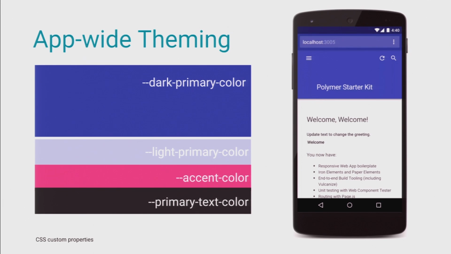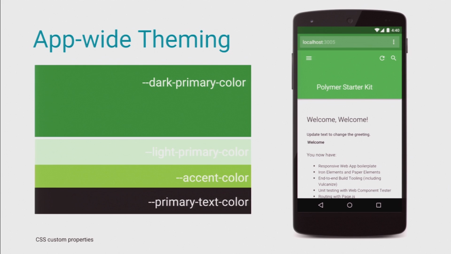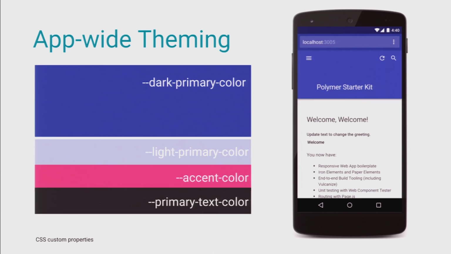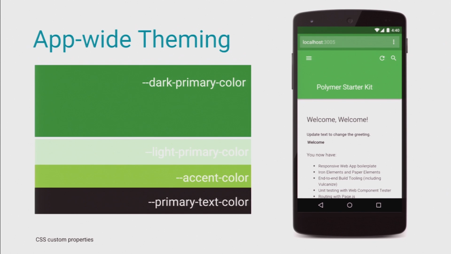So even though you might be using a dozen different paper elements to stitch together a meaningful UI for your app, you could toggle the way all of them behave by changing one CSS custom property. So do things like switching between colors by changing that, and you could let the user do that, or you could do it yourself.